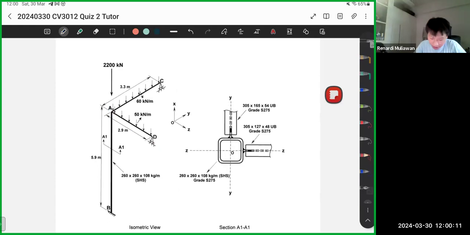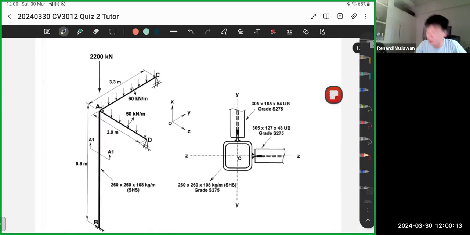For this one, it's a beam subjected to UDL. So let's focus on AC first. On AC, they have two reactions, here and here. So the reaction of AC is 60 kilonewtons per meter times 3.3, the length, then divided by 2.